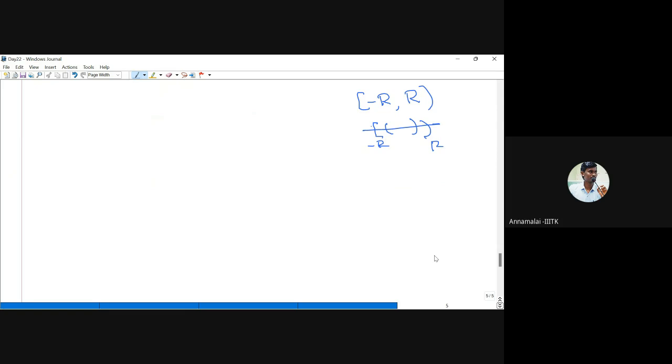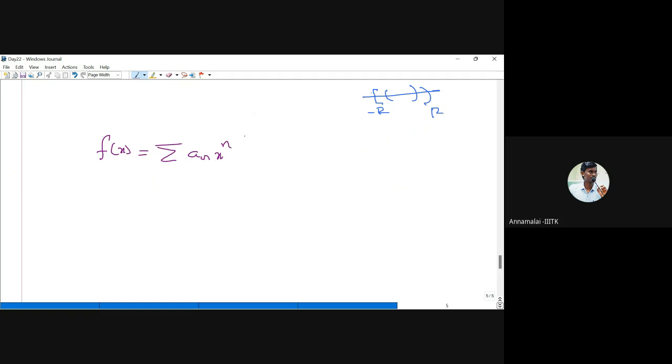So otherwise we can simply say, suppose we define the function f of x equal to summation a n x power n. For each value of x, we define f of x equal to this.